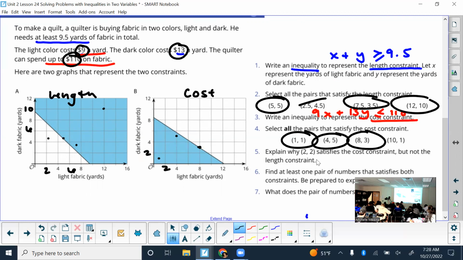Close. You checked it. And then 10, 1. I don't know. It looks like it. Yeah. So 10 would be here, 1 would be right there. Anyone check that one? Okay, they're all satisfying it, right? Question? Okay, let me see my key.